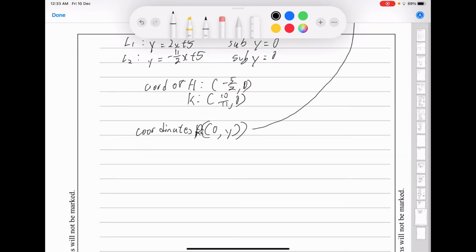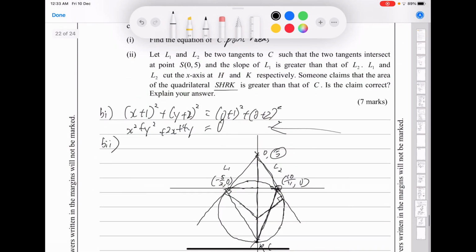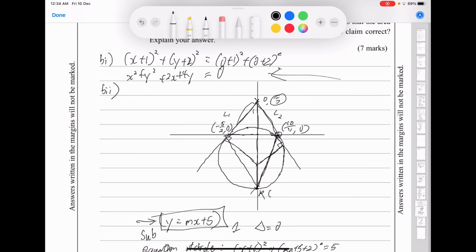So at last, we'll find that the coordinates of R is (0, 4). SHRK would be the sum of this triangle plus the sum of this triangle right here.